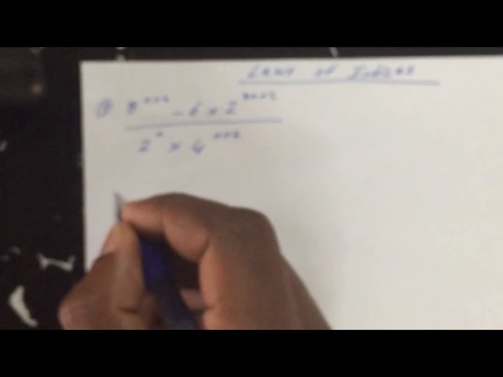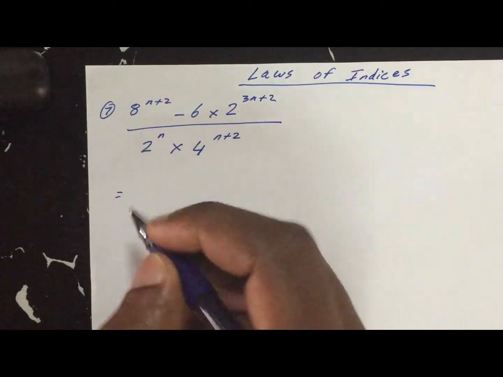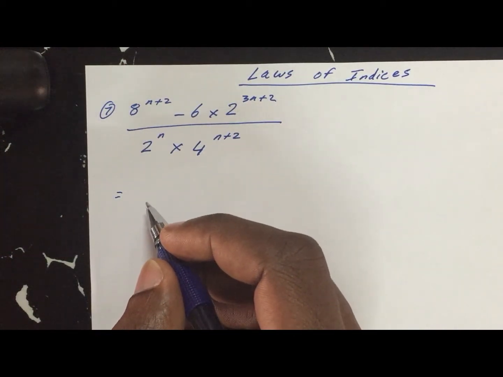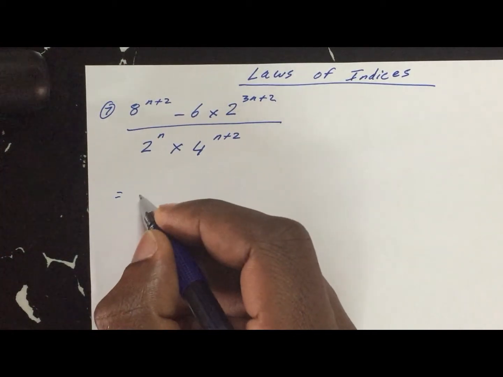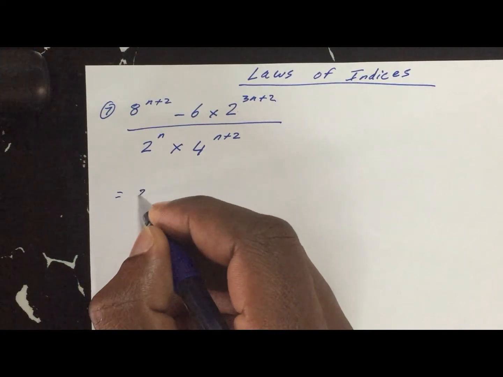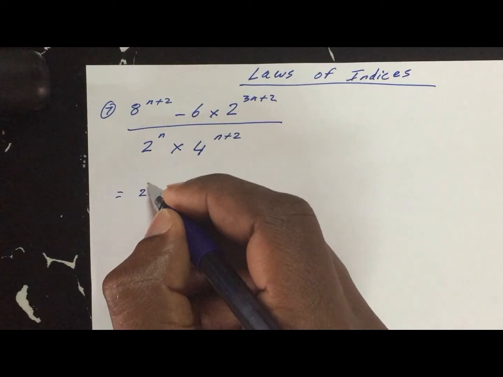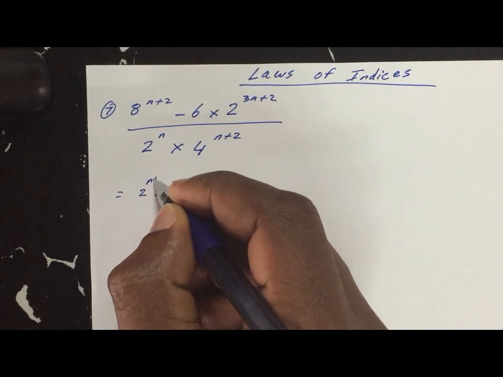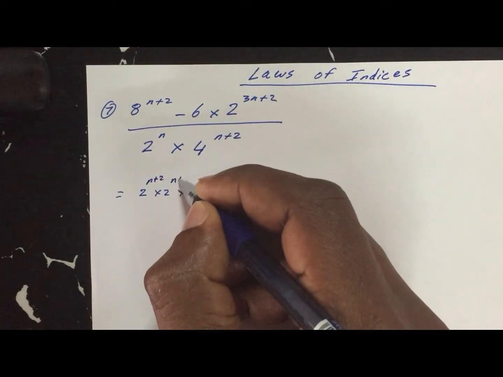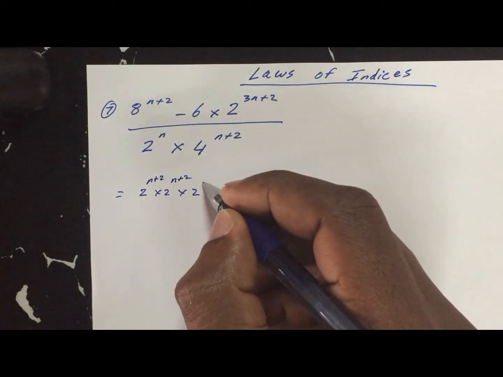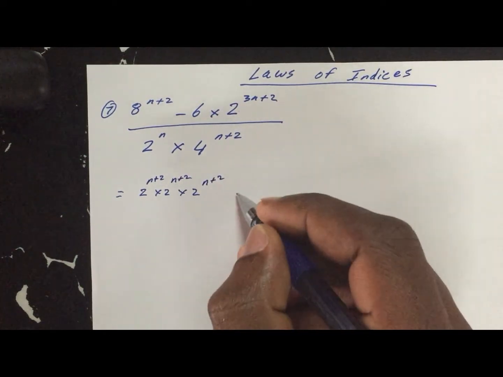So let's go. 8, we have 8. 2 2s 4, 4 2s 8. So we have 2 times 2 times 2. So we write back the power, n plus 2, n plus 2, n plus 2.